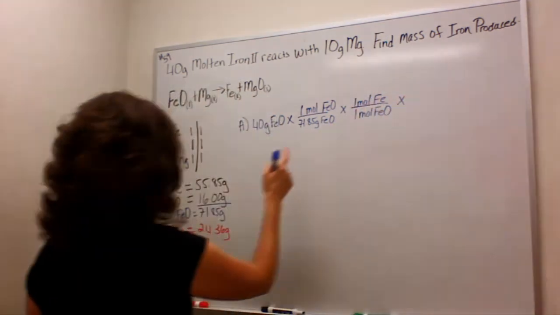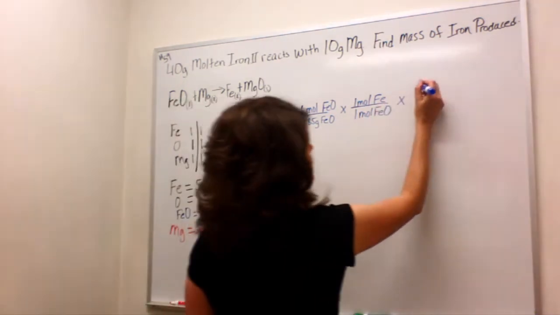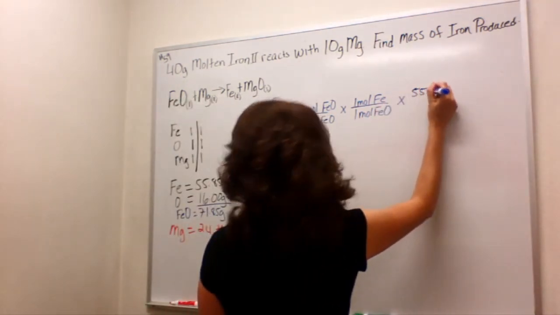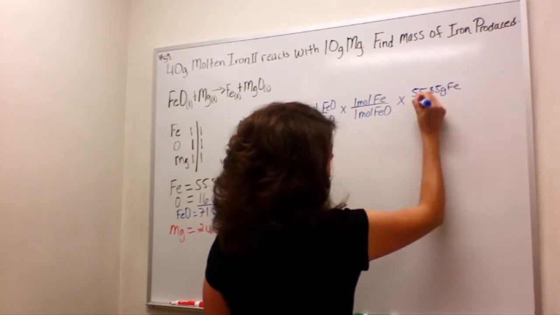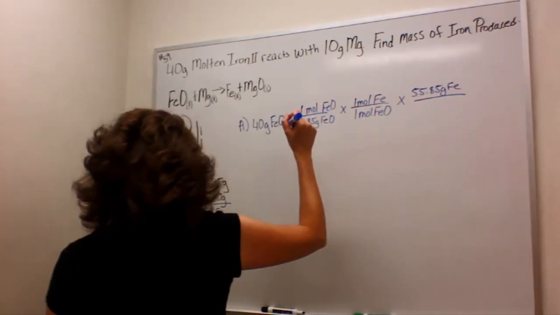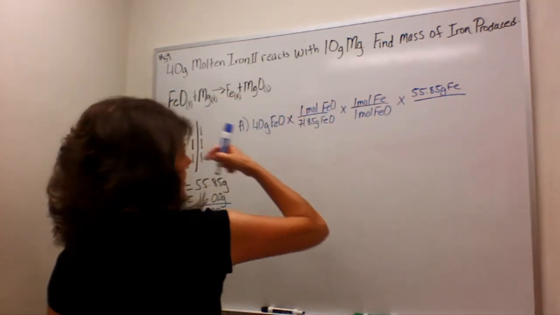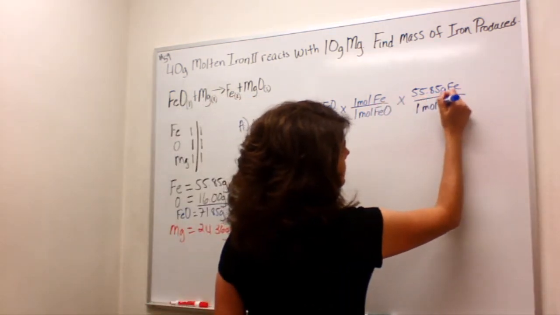And our iron, which we initially got from the periodic table, is 55.85 grams of iron, and that was equivalent to 1 mole of iron.